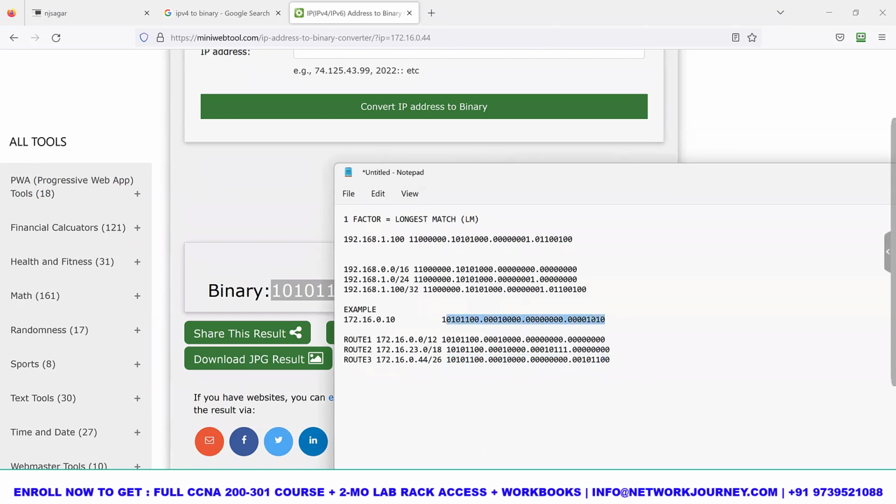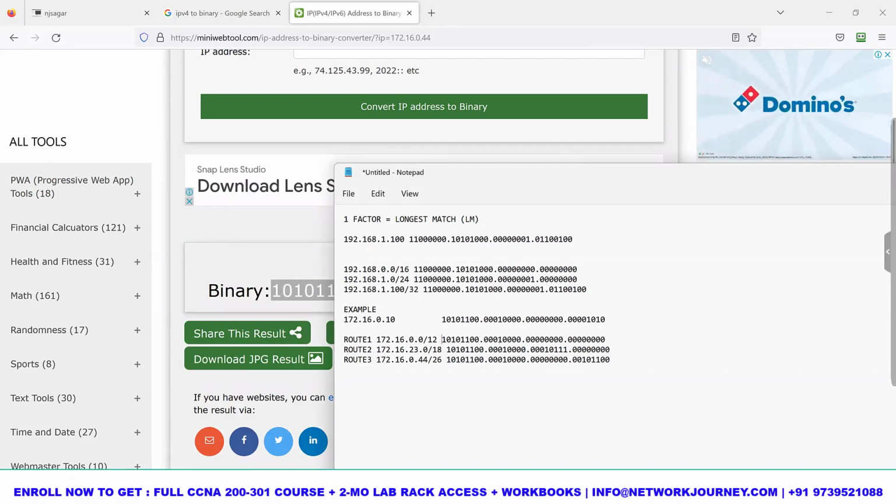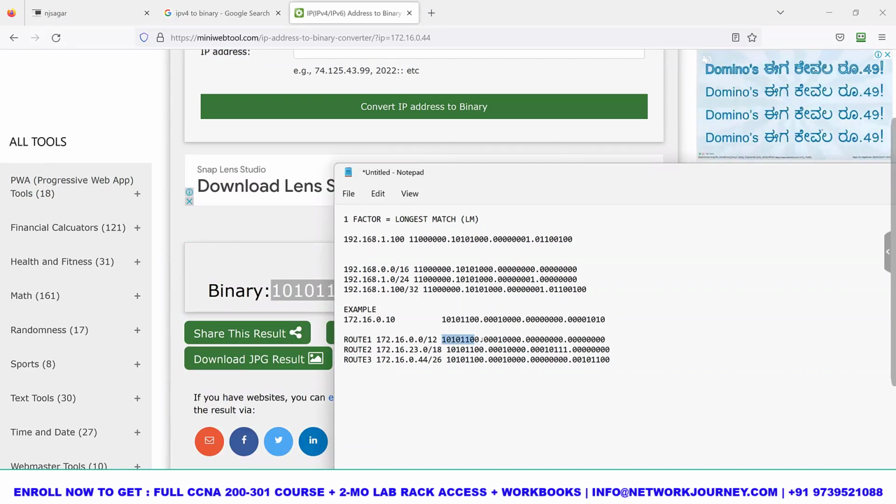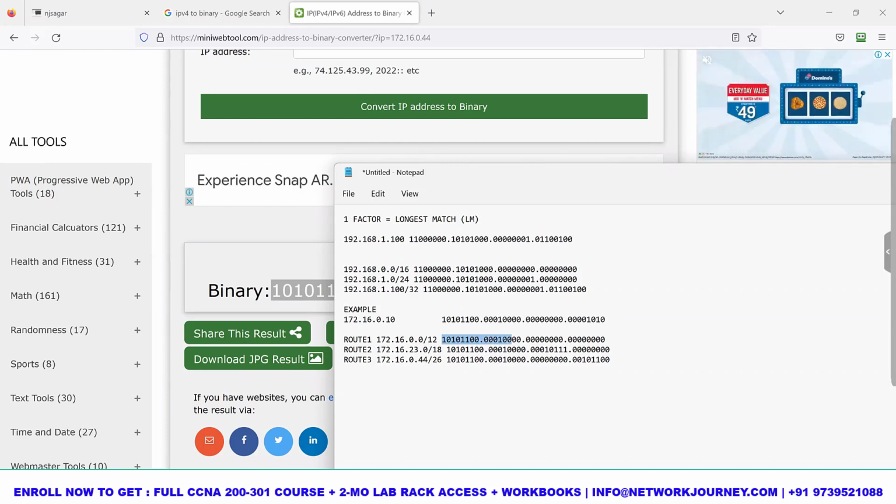Okay, so if you compare this with 12, 12 comes to be 8 and over here.